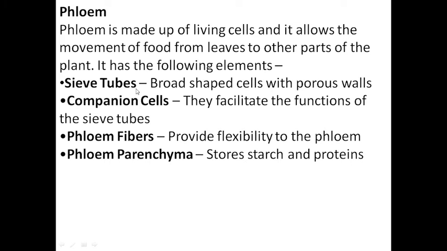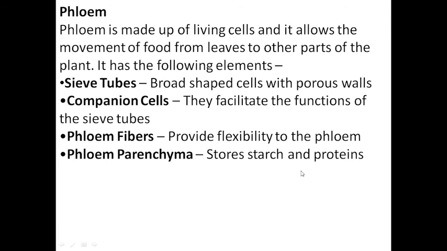So see what the sieve tubes are. These are broad-shaped cells with porous walls. Companion cells facilitate the functions of sieve tubes, which means these cells support the sieve tubes to perform their function. Phloem fibers provide flexibility to the phloem cells, and phloem parenchyma stores starch and proteins.